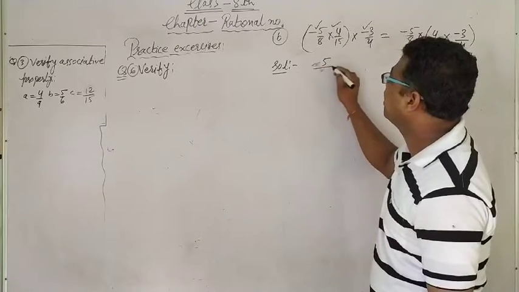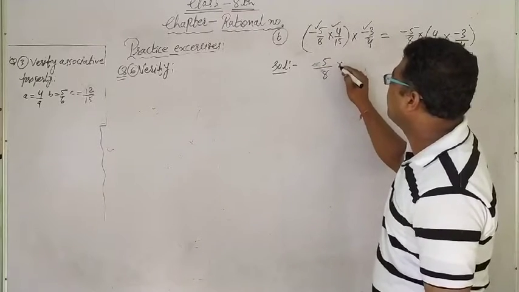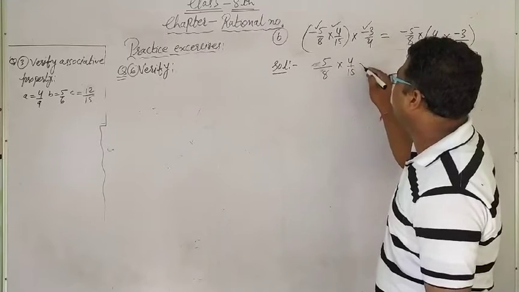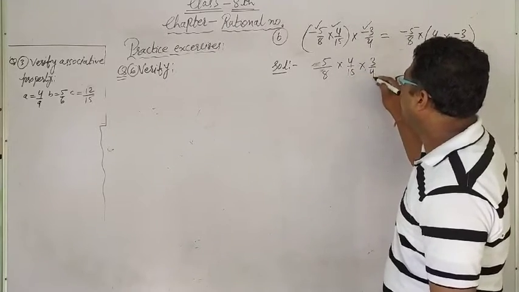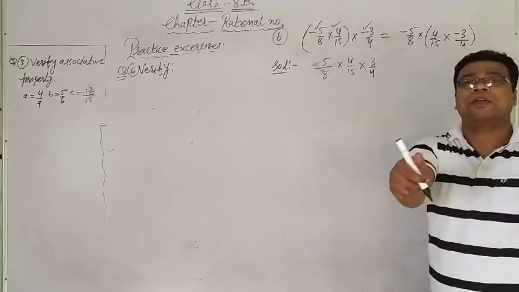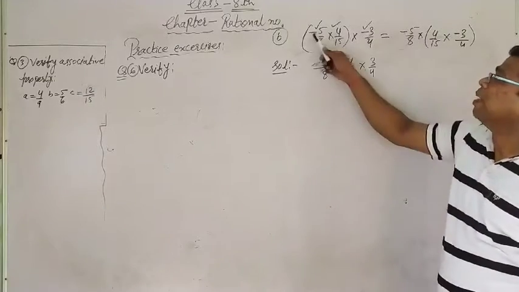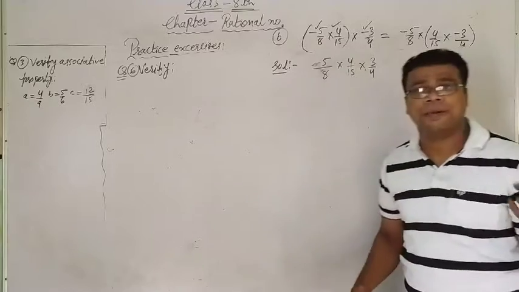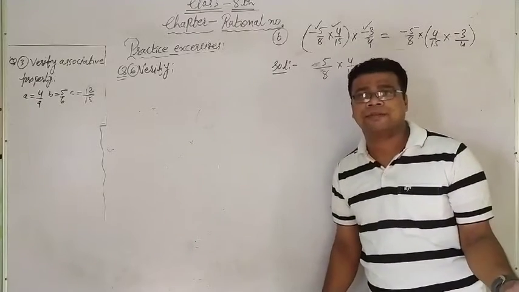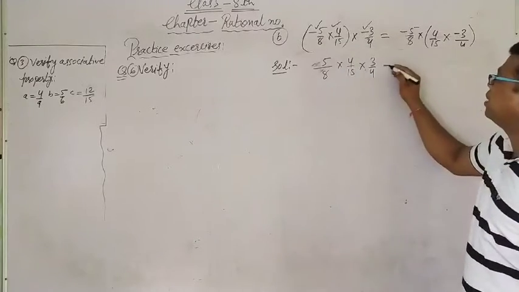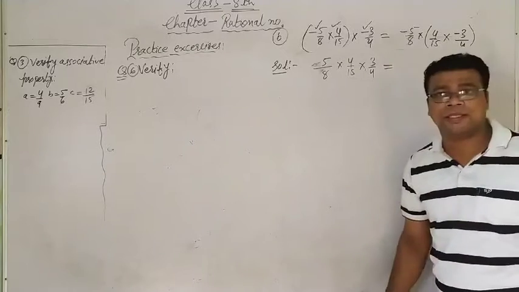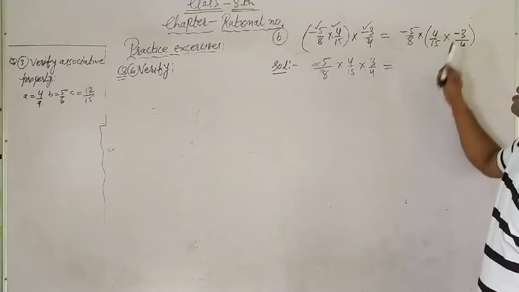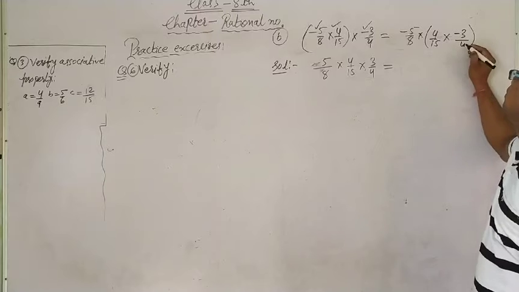So directly I can write down 5 upon 8 into 4 upon 15 into 3 upon 4. Is it okay? Yes. Why? Minus minus plus, and I have opened the bracket. Same like that, come to the right hand side. Same thing is there, minus minus plus.